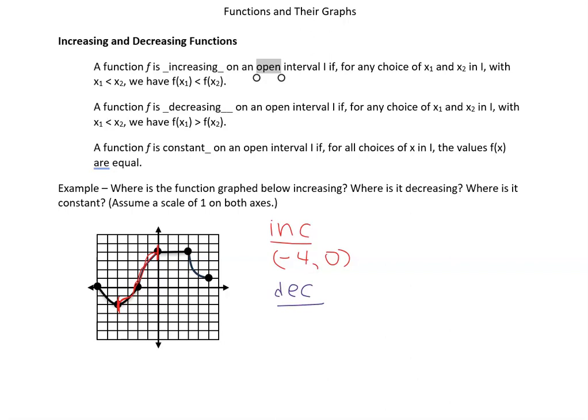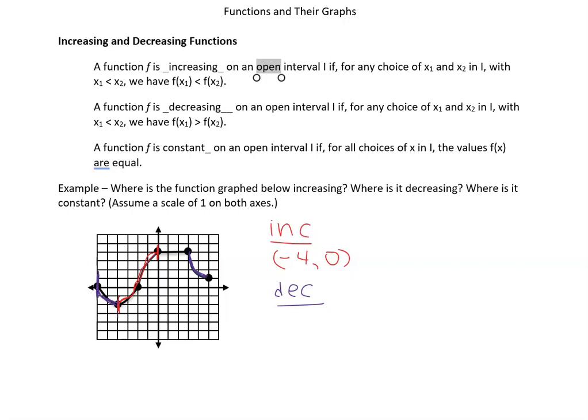And remember, that is where we would be riding our bicycle downhill. So here's one place where we would be going downhill on the graph. Here's another place where we'd be going downhill on the graph. So we're actually going to have two different intervals where the function is decreasing. Again, always go with the x values. So the intervals are created by x values.